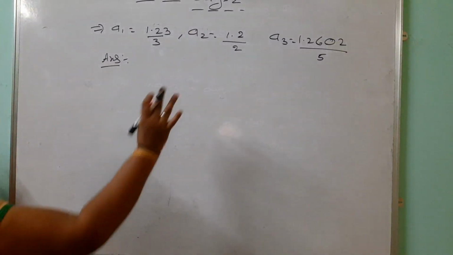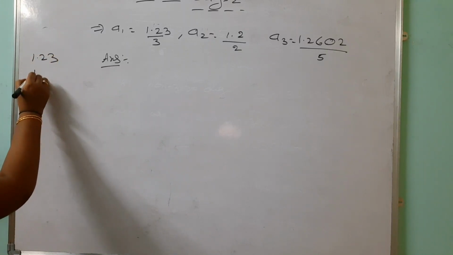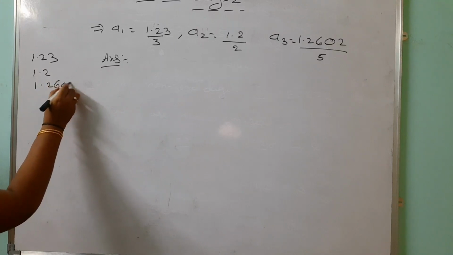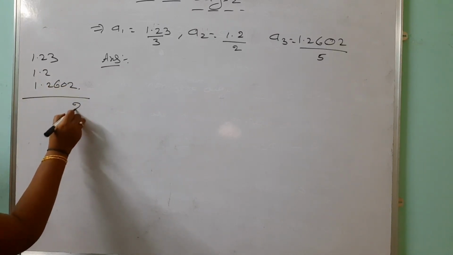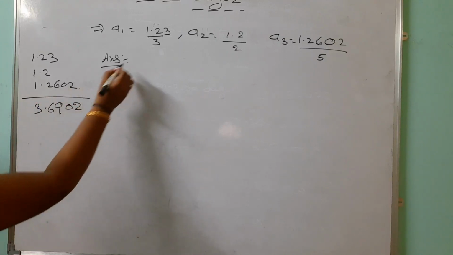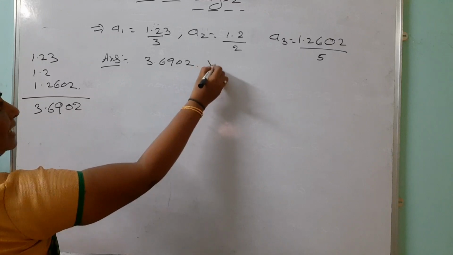Your answer is like this. After adding, approximately how much? See, 1.23, 1.2, 1.2602. After adding, our answer is 3.6902. But it is wrong.